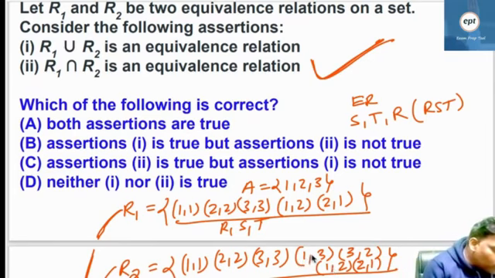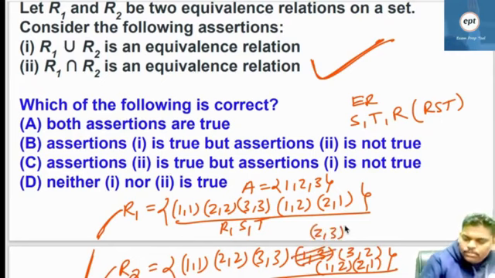So let me give one more example so that you will get full clarity. This is 2, 3, 3, 2. 2, 3 reverse is 3, 2. One more example I am giving. 3, 3 cancel, 2, 2.